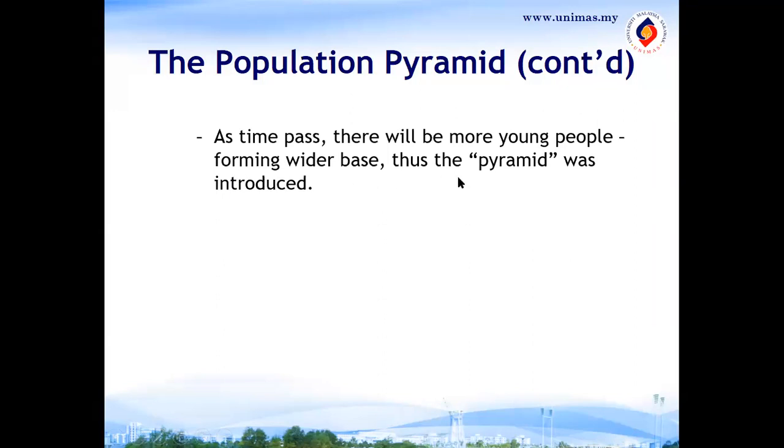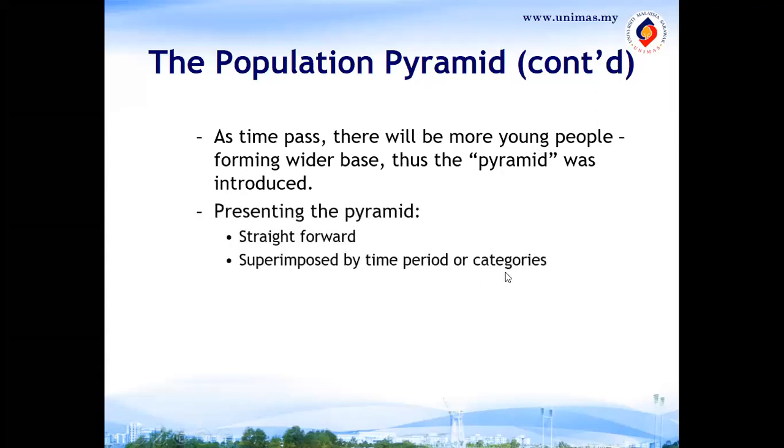The number of young people who are at the base tadi lah, ya, adalah besar. Okay, so presenting the pyramid is quite straightforward, and it is sometimes superimposed by time period or categories dan sebagainya. Jadi boleh di superimpose dengan faktor lain lah.